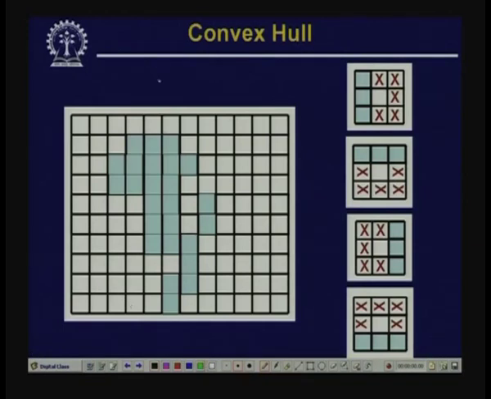So, this is our point set A, and these are the structuring elements. I call this the structuring element B 1, this is the structuring element B 2, this is the structuring element B 3, and this is the structuring element B 4.